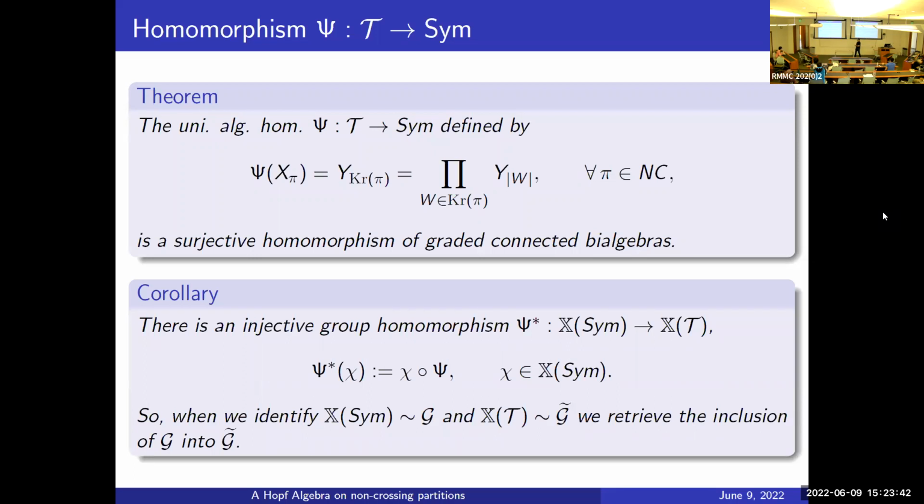And as a corollary, as Andu mentioned, the character group of the symmetric functions is isomorphic to the multiplicative functions. I didn't really tell exactly how this goes, but the characters of my Hopf algebra T are in bijection with the semi-multiplicative functions.